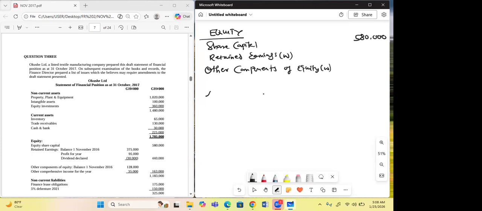Let's go to non-current liabilities. What are the non-current liabilities there? Finance lease obligation. Did we do any adjustments?